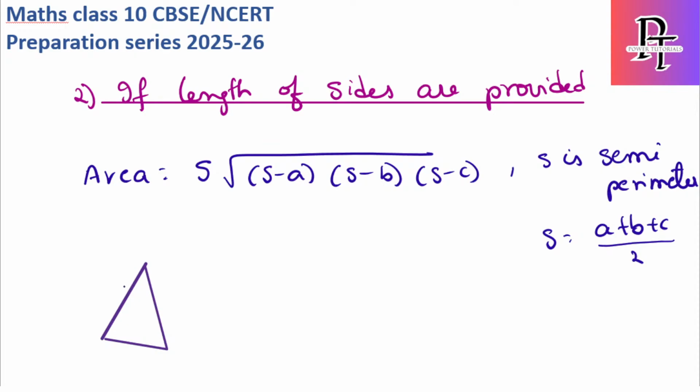Suppose I have a triangle like this, where this side is A, this side is B, and the third side is C. In this example I am taking the values as A as 2, B as 3 and C as 4.